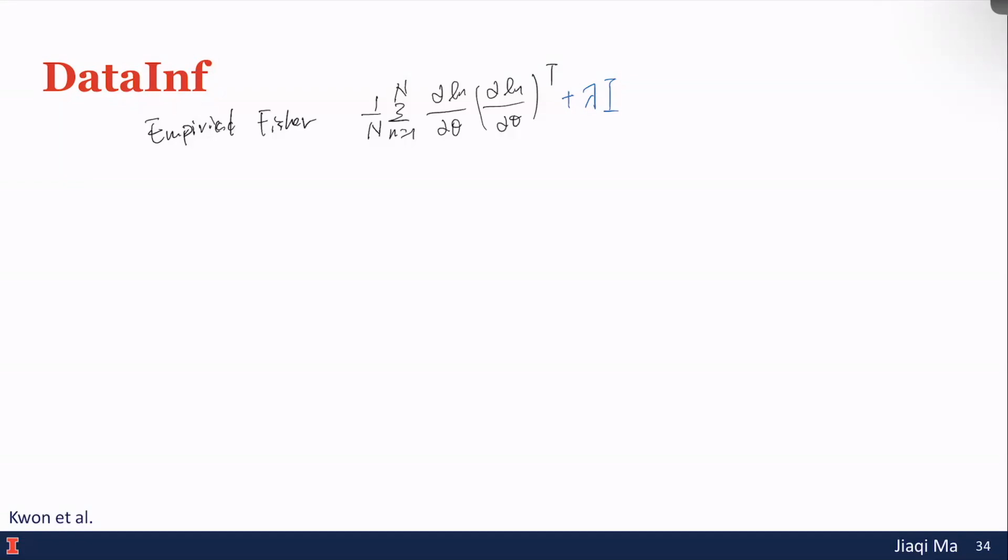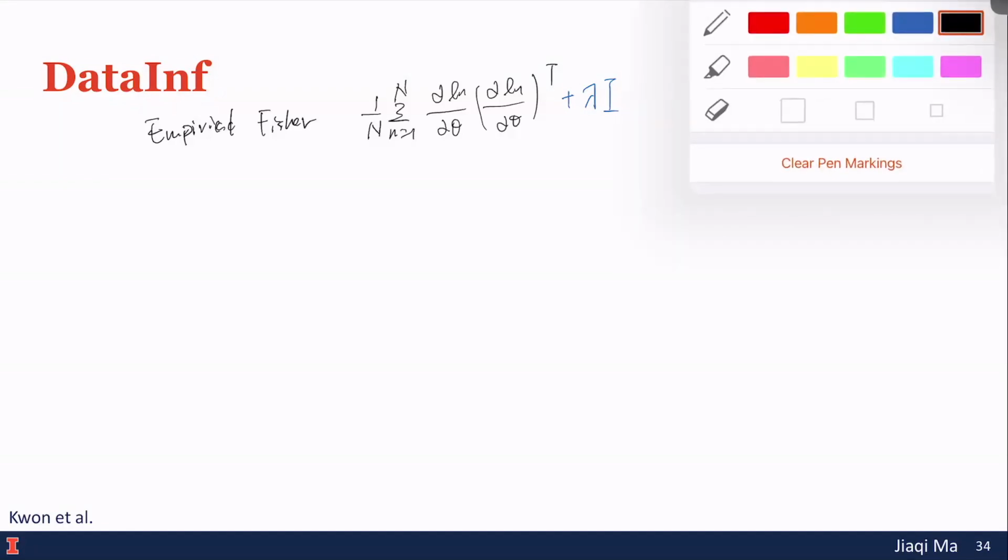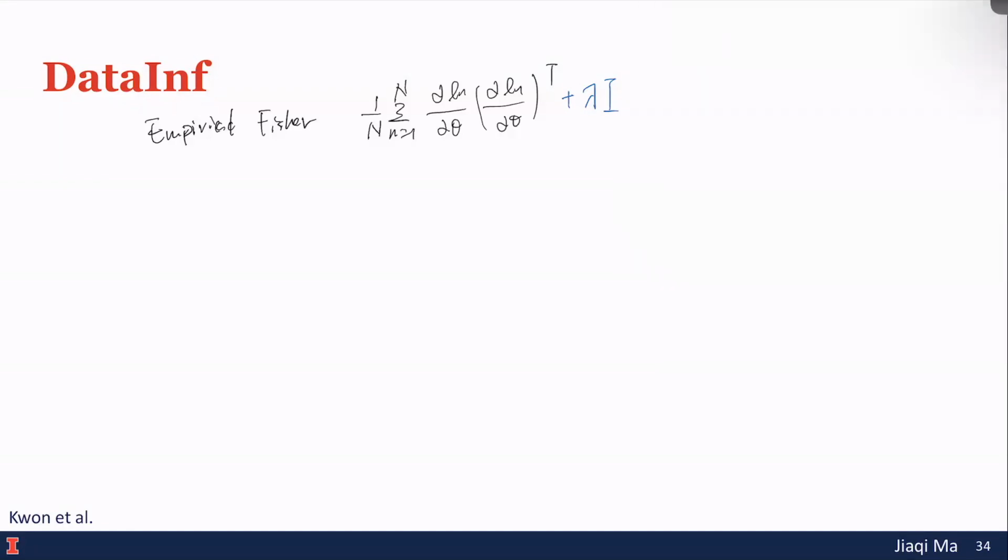Now, suppose we want to do this kind of inversion, right? When we are inverting this one, in this DataInf method, they did an approximation like this. Instead of inverting this whole, they are exchanging the inversion and the summation.